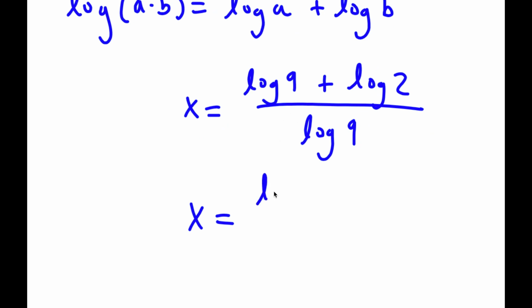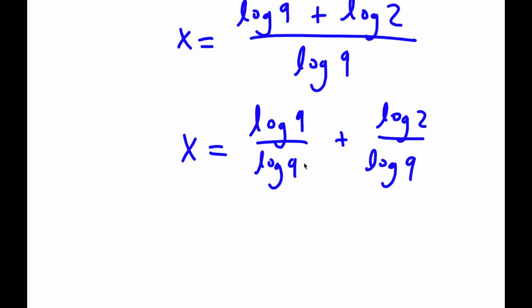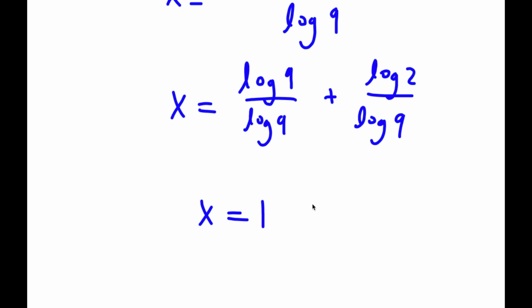This is the same thing as log 9 over log 9 plus log 2 over log 9. Log 9 over log 9 is simply equal to 1. So I have 1 plus log 2 over log 9, which I can rewrite as log 3 squared.